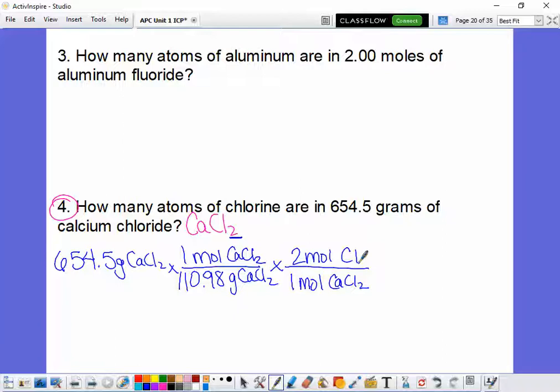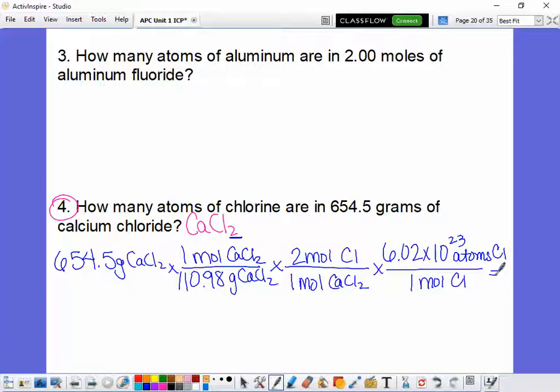Okay? And now that we're at moles of chlorine atoms, how do I get to number of chlorine atoms? Avogadro's number. Exactly. Because we know there are 6.02 times 10 to the 23rd atoms of chlorine for every 1 mole of chlorine. And then you can solve.